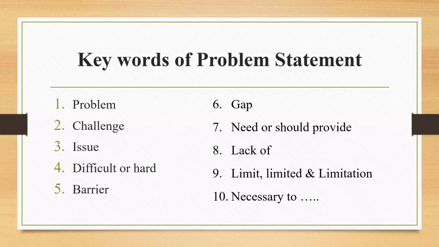You can know from these keywords: when he or she writes about problem, challenge, issues, difficulty or hard, barrier, gap, need or should provide, like the government needs, the people need, the government should provide, the company should provide. That means they are talking about the problem statement. Also lack of, less, limited, limitation, necessary to. When you read these keywords, you can know this is talking about the problem statement.